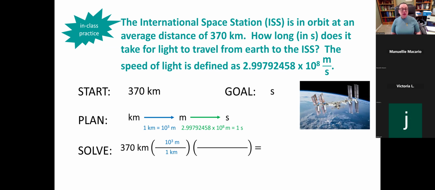And how about in the second conversion factor? Do we want to put the seconds in the top or in the bottom? Yeah, good, because now we've got some meters in the top that we want to go away. We don't want them there at the end. So we'll put our meters in the bottom, our seconds in the top.